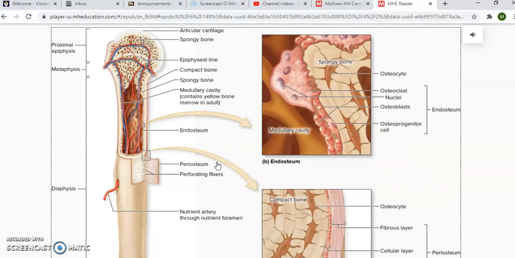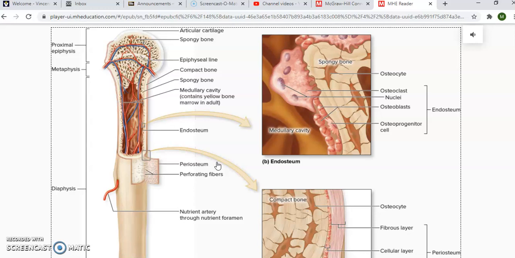So we'll start with the diaphysis. The diaphysis is the technical name for the shaft of the bone. So that's going to be that middle part of a long bone that's very slender and narrow. And then the epiphyses are going to be the ends of any long bone. So we'll have a proximal epiphysis, and we'll have a distal epiphysis.